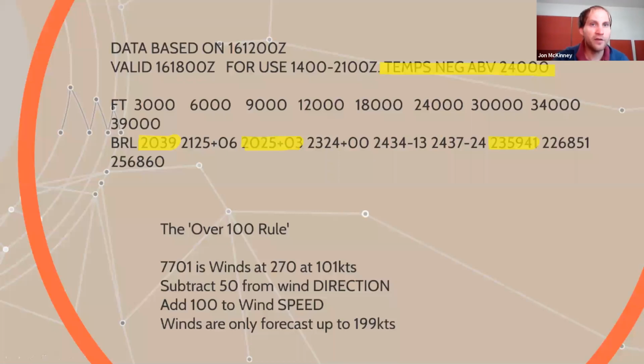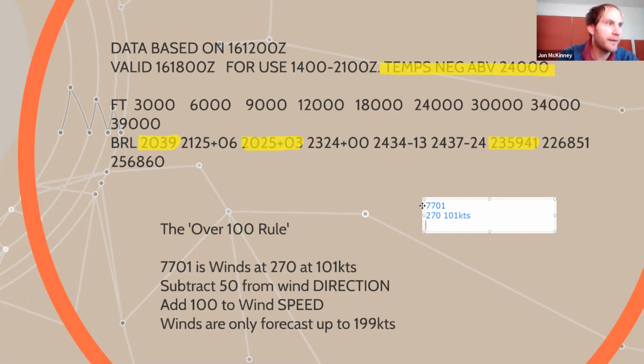So they create this coded system for us to figure this out. I will draw it. The whole idea is that if you have a wind reported as 7701, that actually means your wind is 270 degrees true, and it's blowing at 101 knots.